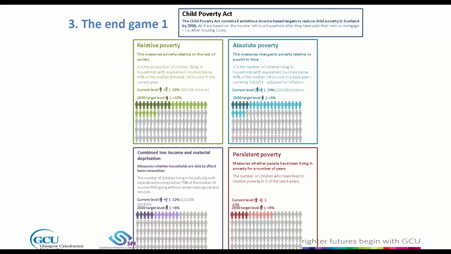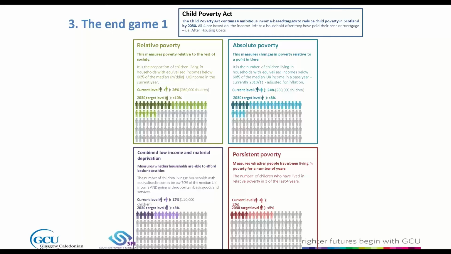Now, Hannah's mentioned then that the driver behind these local focus and the local action reports is the Child Poverty Act of 2017. And it sets these 4 targets. Now, I'm not going to dwell on these 4 targets, but Hannah made a really important point in the introduction there, that we don't have local data that allows us to measure 3 of these 4 targets.